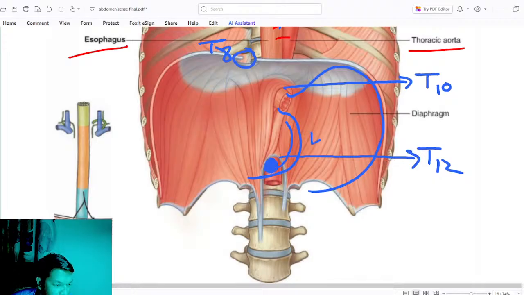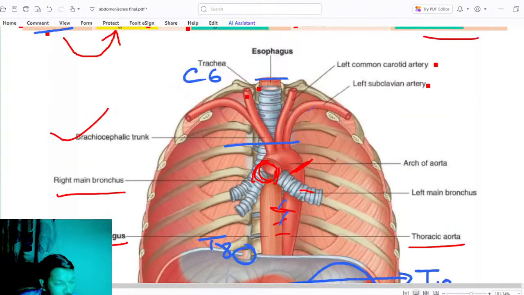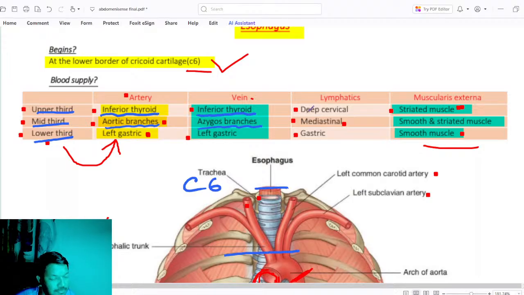Left gastric artery. One branch goes up, and one branch descends along the lesser curvature. This ascending branch gives supply to the lower part of the esophagus, and basically this is a branch of the left gastric.